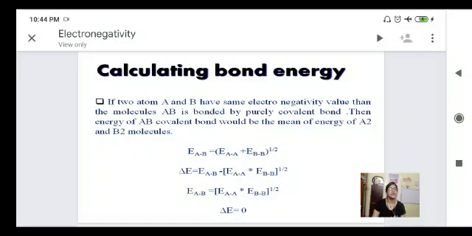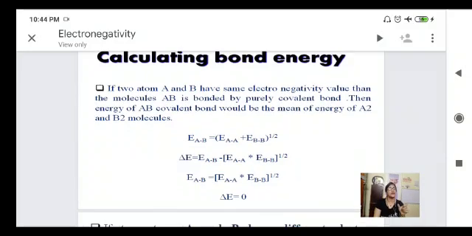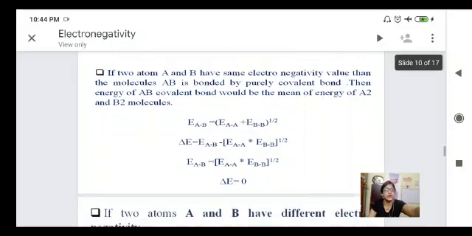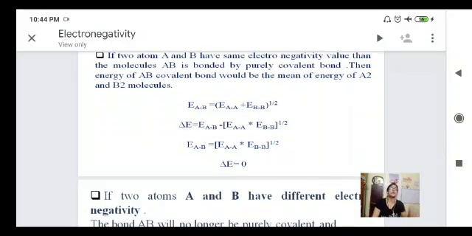We are taking the average: the bond energy of two A atoms when bonded, and of two B atoms when bonded, divided by 2, gives you the bond energy. For a non-polar covalent bond, that is a purely covalent bond, this delta E comes to 0.